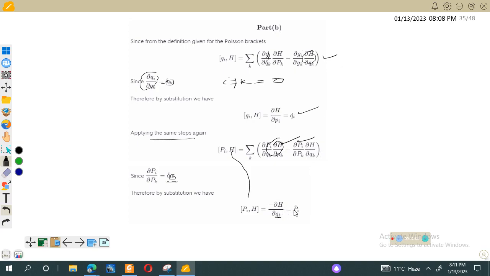So you know that this is equal to pi dot. So this is the result of part B.